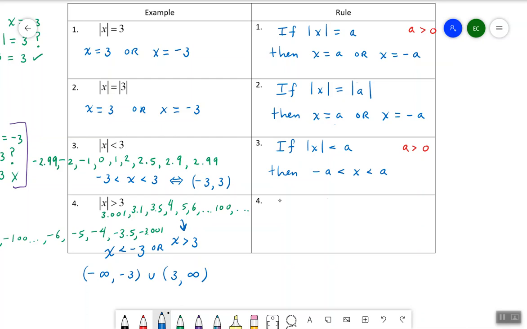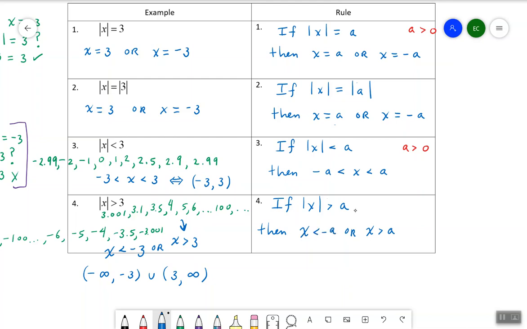So for the rule, we'll write if the absolute value of x is greater than a, then there are two possibilities. The first possibility is intuitive, I think. It's to just drop the absolute value and just say, well, x is greater than a. And the other possibility is less intuitive, but you could also say x is less than negative a.